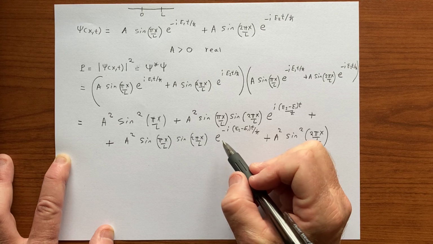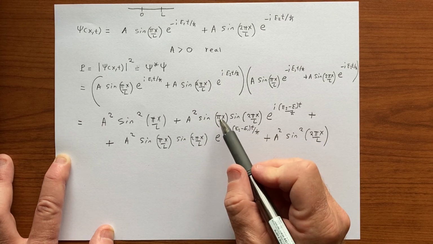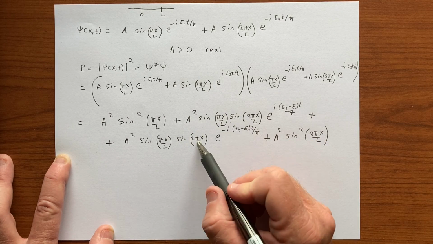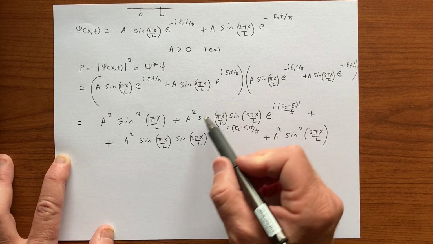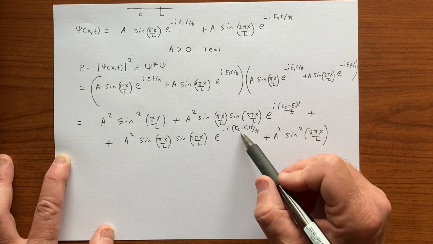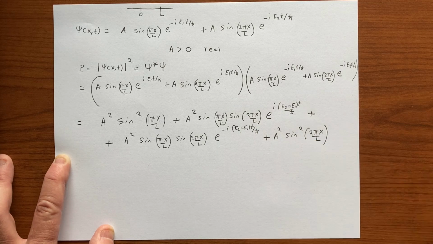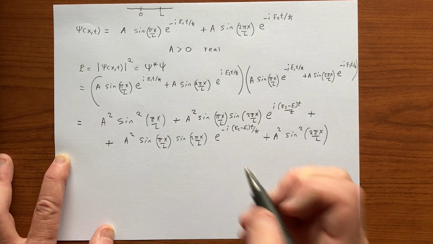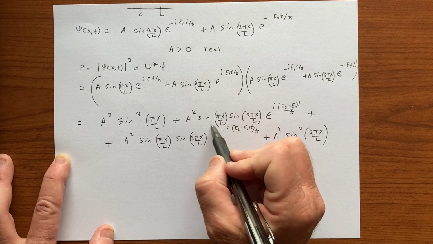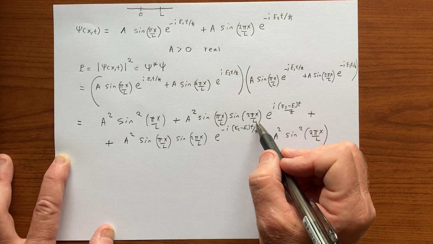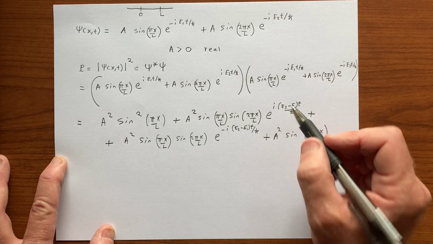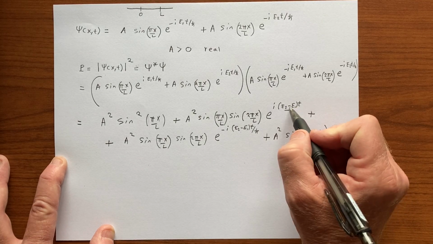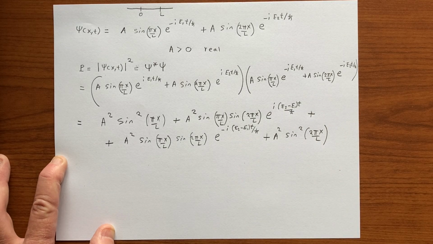So notice that these two terms are the same up to this factor. So we can pull out the A squared sine pi x over L sine 2 pi x over L and multiply that by an object that in parentheses has this plus that.